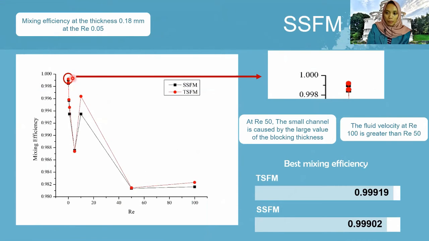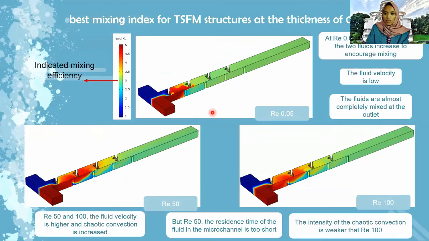For the best mixing efficiency, TSFM mixing efficiency is around 0.99919 and SSFM around 0.99902.